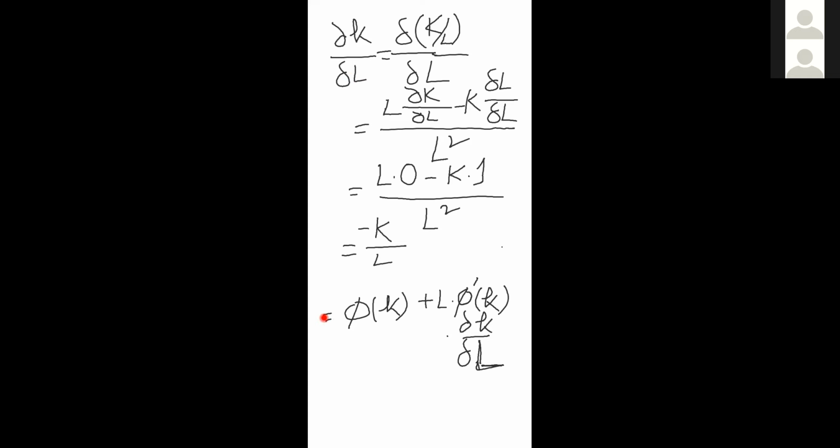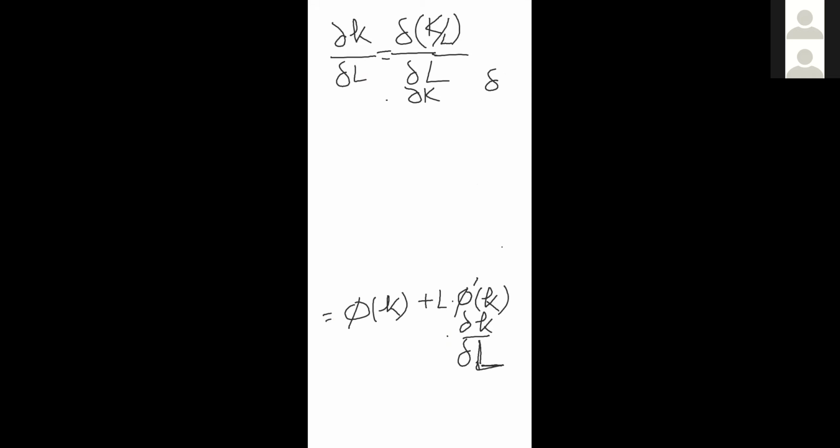This was the marginal physical product of labor, so we will substitute the value of del small k divided by del L here. You have to remember this one: del small k divided by del L is minus k by L square.